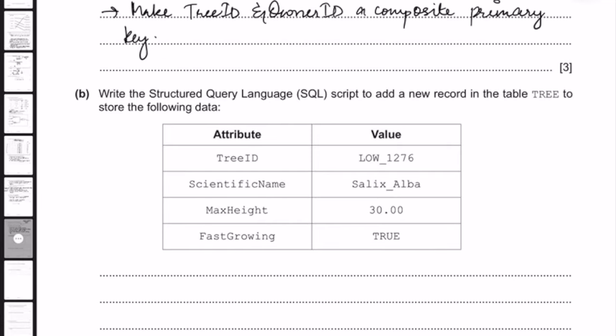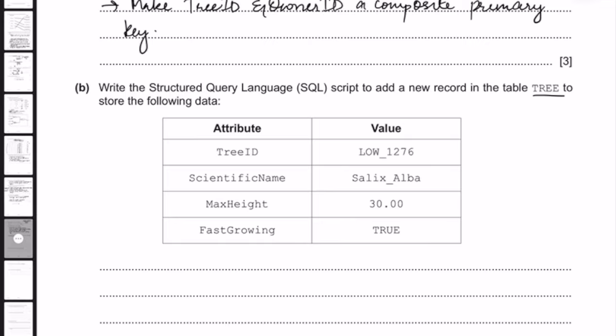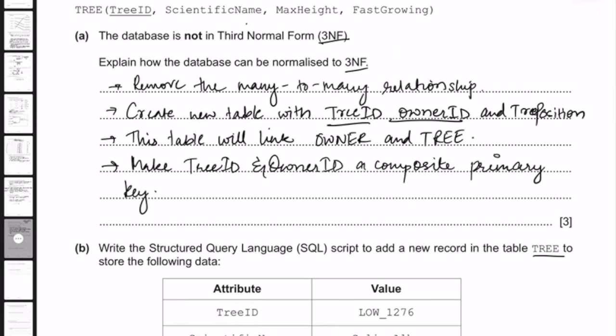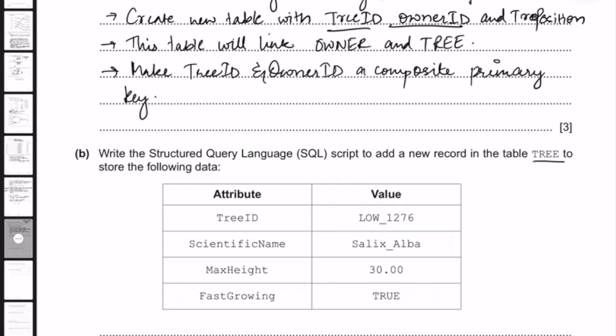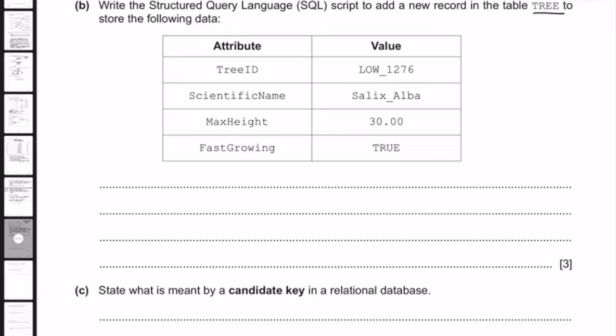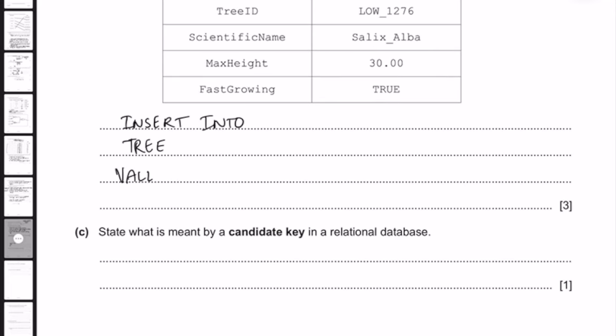Write a structured query language script to add a new record in table 3 to store the following data. Now our table 3 has tree ID, scientific name, max height, and fastness. Since it's in order, we can directly insert into tree values, low 1276.